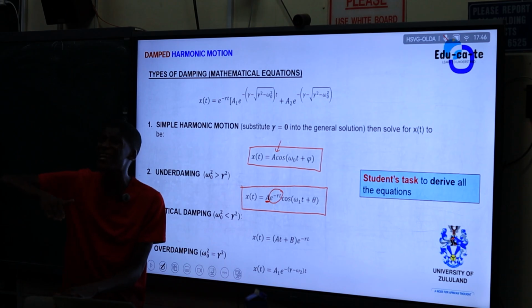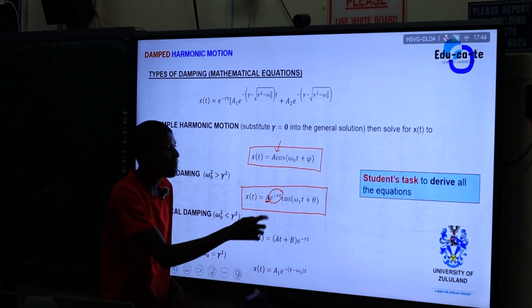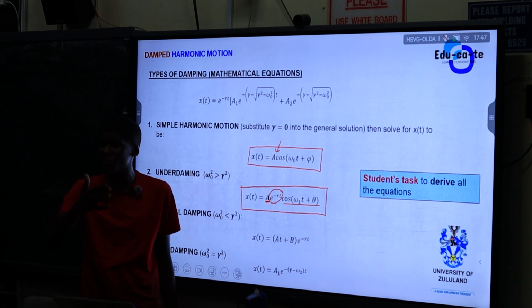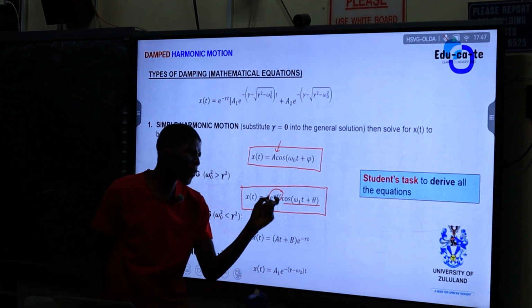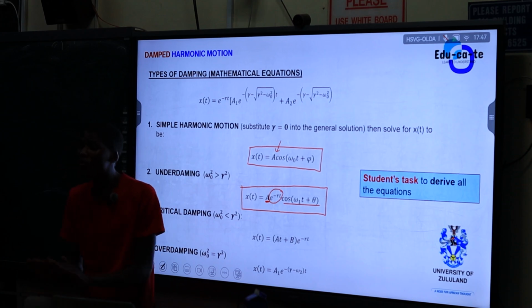Oscillations continue but they decrease in what? In amplitude. So now the amplitude decreases by an exponential factor. But the oscillations continue because we use a cosine graph to represent them. So with that cosine, it means oscillations are still there, but they do what?